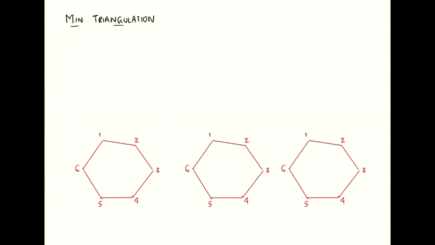So the first one is minimum triangulation. So here's the problem. The input is just n points, V1 through Vn, that form a convex polygon.